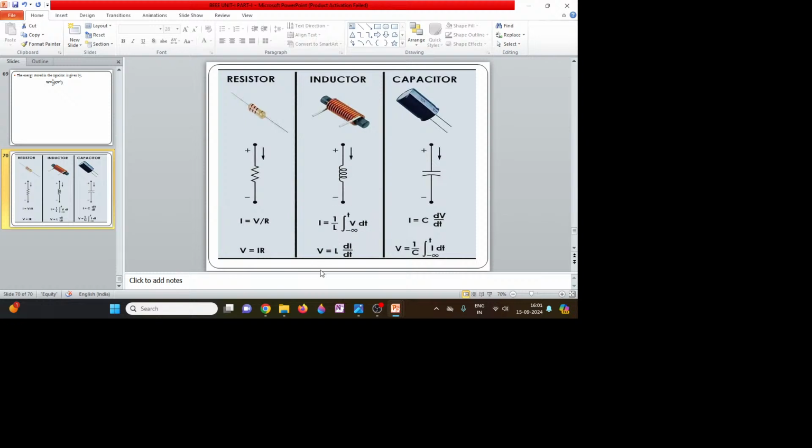And voltage in the inductor is given by L into di by dt. And in the capacitor, the current is given by I equal to C into dV by dt, and voltage in the capacitor is given by 1 by C integral of I dt.